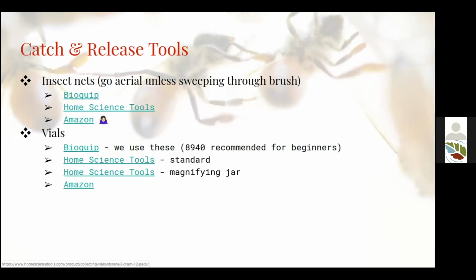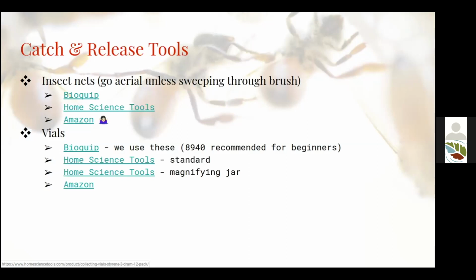Regarding insect nets, the ones that I would recommend purchasing are the aerial nets or classic butterfly nets. They're a little bit more gauzy and they have a less heavy weave so that you can see through them more easily as you're collecting your insects. But they also aren't incredibly heavy duty.